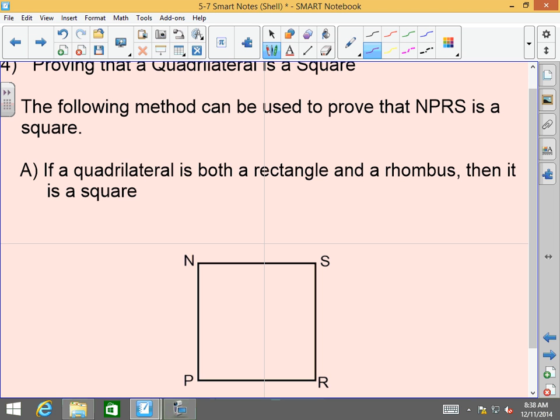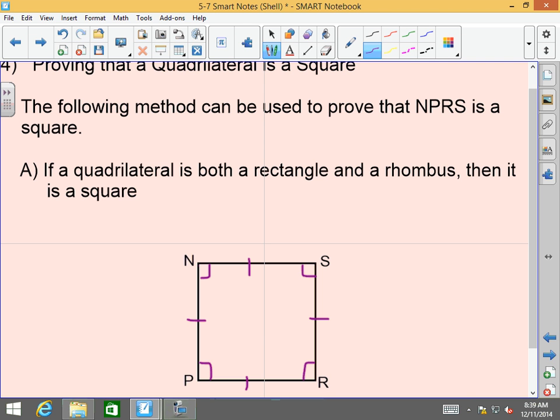But it's also a rhombus, so that means the diagonals are perpendicular bisectors of each other. So a square has all sides congruent because it's a rhombus. It's a rectangle, so all of the angles are 90.